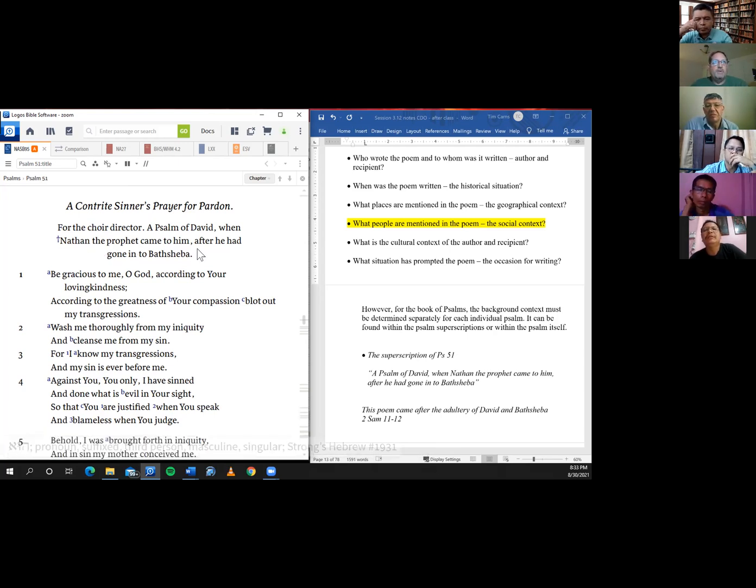Again, Nathan, Bathsheba, and we're all familiar with this story. So we can just go back to 2 Samuel 11 and 12 and get all the background. That really helps in understanding the background context to this particular psalm. So in this case, the superscription, the inspired title of the psalm, gives us a lot of information.